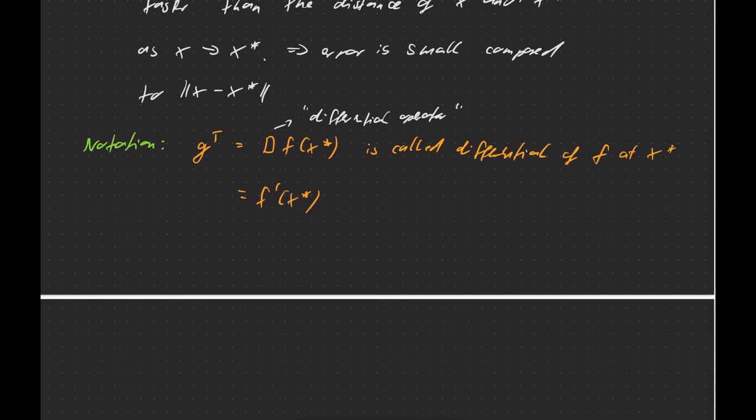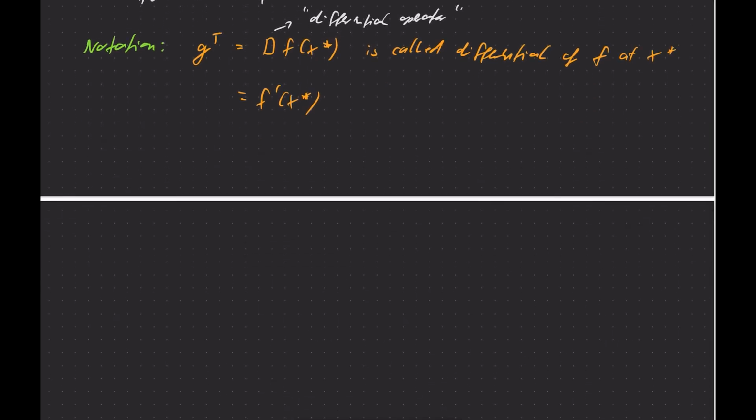Okay, and finally, second part of the definition, of course, a function is differentiable on its domain if it is differentiable for every point.